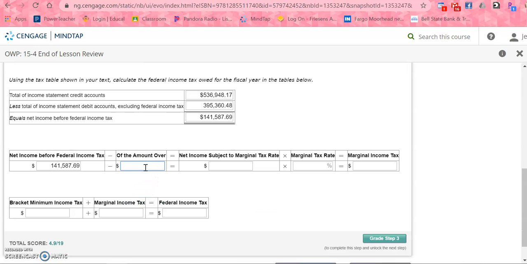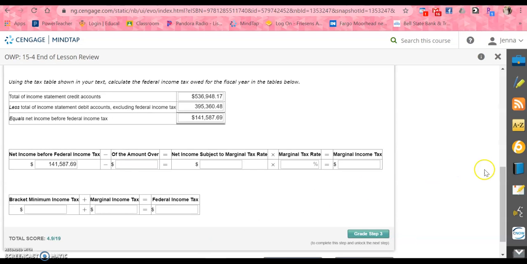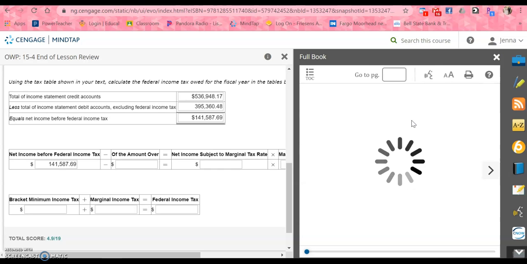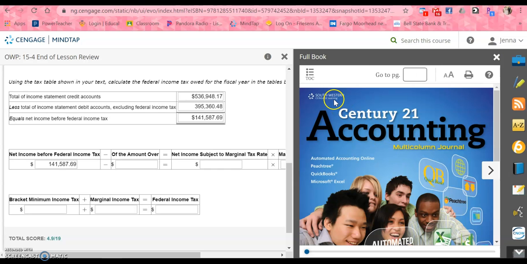For this next part, you're going to need to have the book. And so I'm going to show you how to get the book when you're on MindTap if you have not done this before. So over here on the right, you should see a little icon that says full book when you point to it. And so I'm going to click on that, and then that's going to open up the side screen of a full book for me. Now it's going to go to the front page.